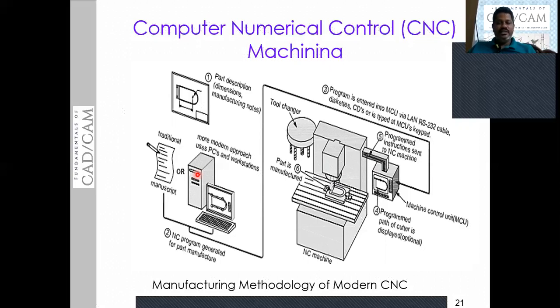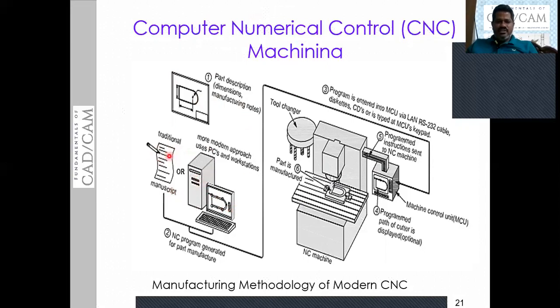In turn, that converter is connected to the stepper motor to receive the signal and transform it into mechanical work for the table as well as the tool. This is the basic step involved in the computer numerical control system.